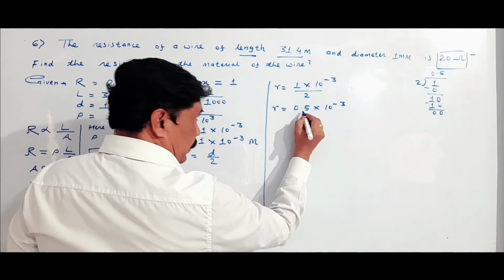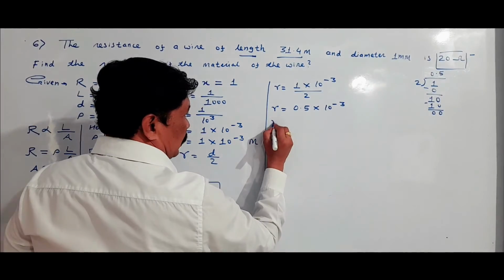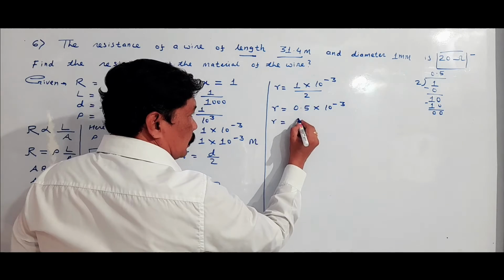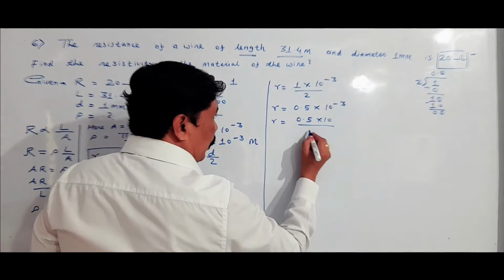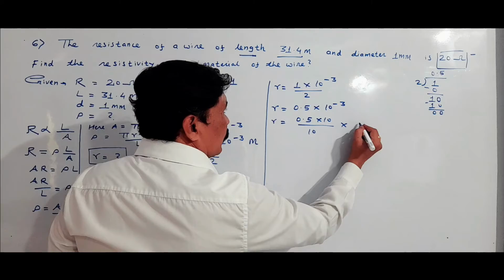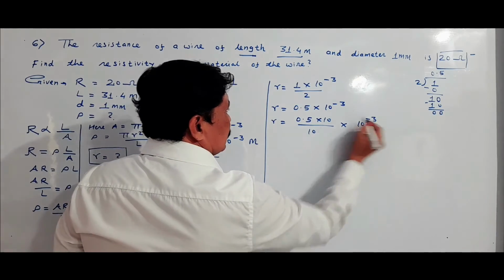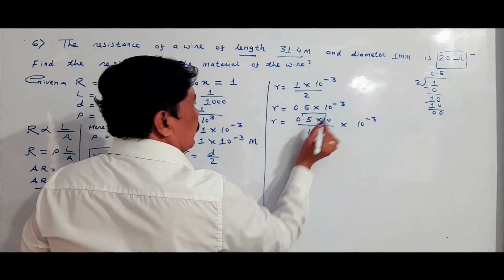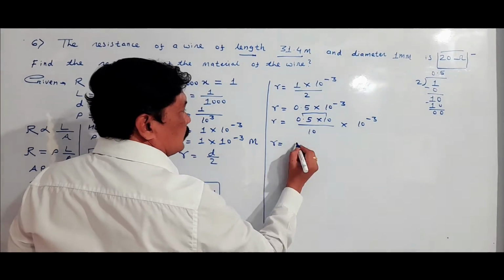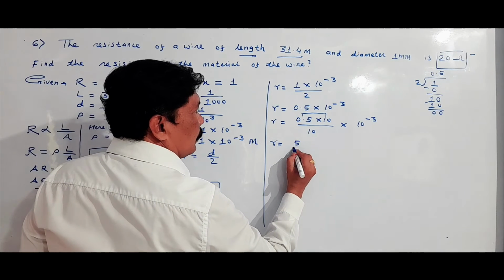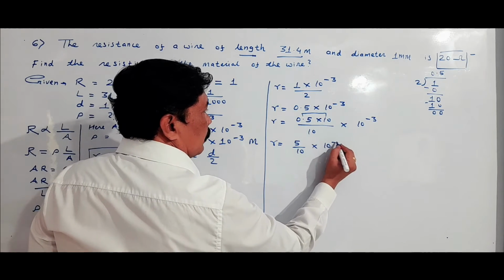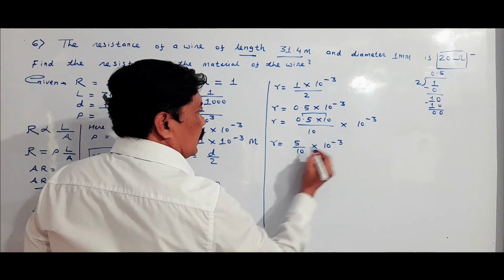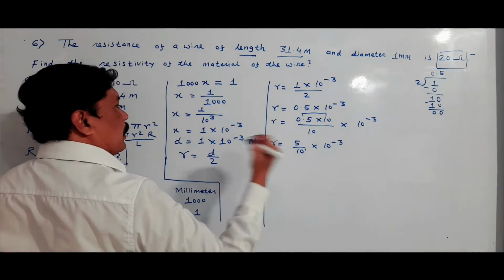Now we will try to remove the decimal point. So r is equal to 0.5 into 10 upon 10 into 10 to the power minus 3. So here, my dear friend, decimal point is removed. r is equal to 5 upon 10 into 10 to the power minus 3. 5 to the power 1 we can write.